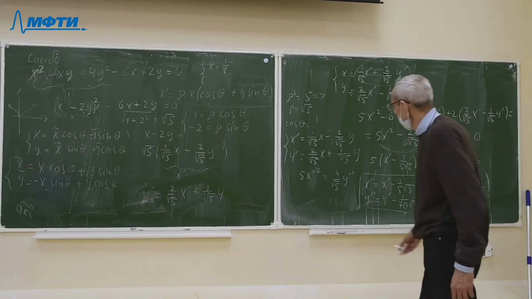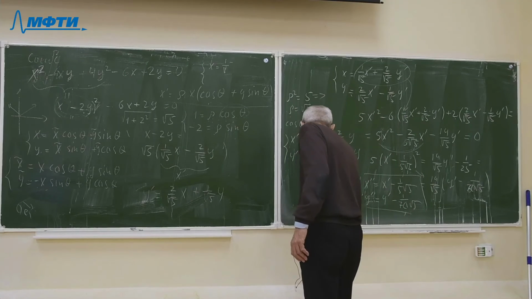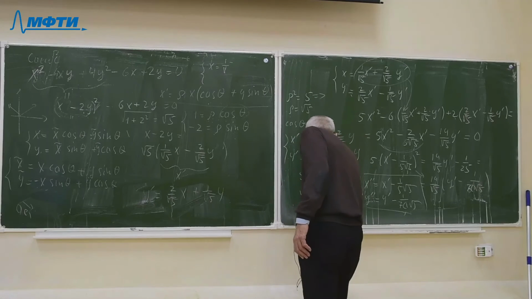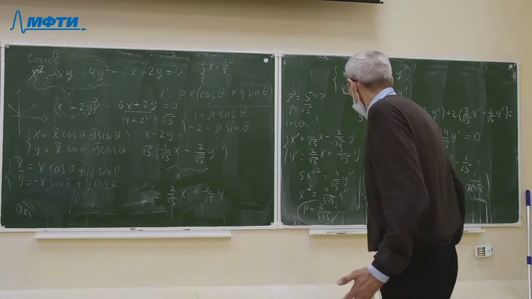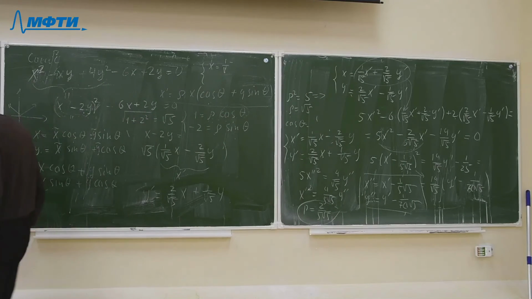We have the parabola, and it is easy to see that the parameter p of this parabola is equal to 2 divided by 5 root 5. And we can draw this parabola in the plane.